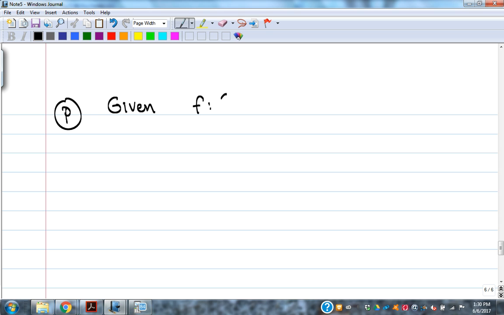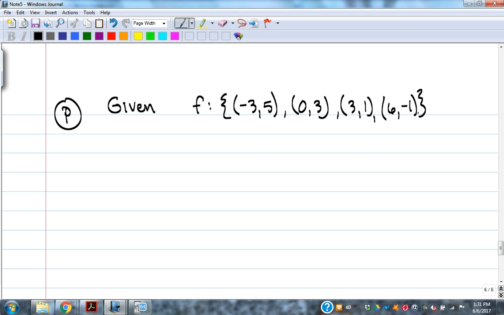If you have a function that's listed as a set of ordered pairs, and they hardly ever do this, but they do it once every now and then, and they say find f of 3, you don't have a place to plug the 3 into. You don't have an x to just plug it in and work it out. So it seems like it's a daunting task.